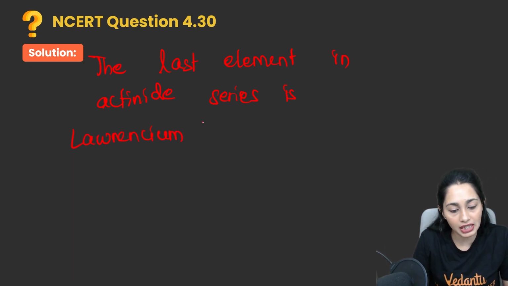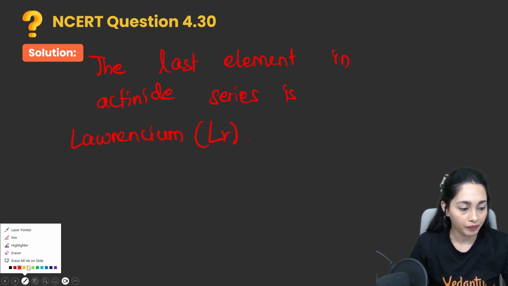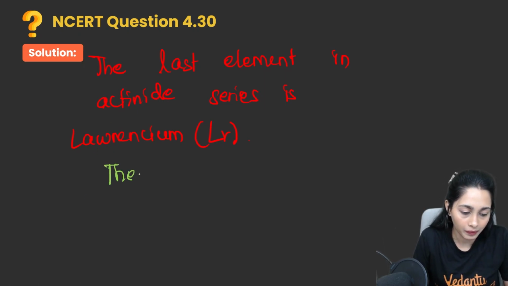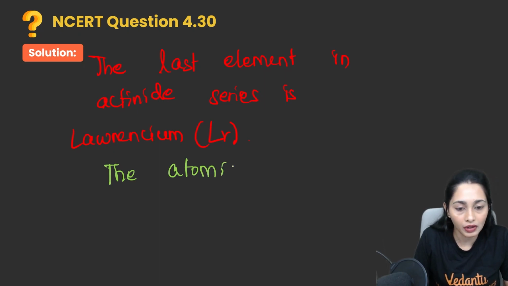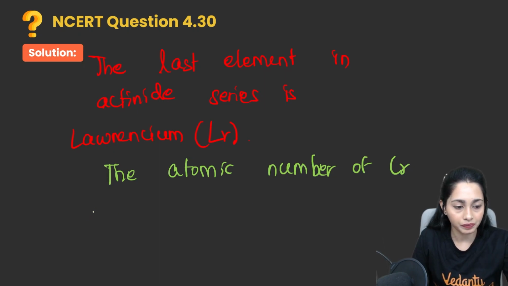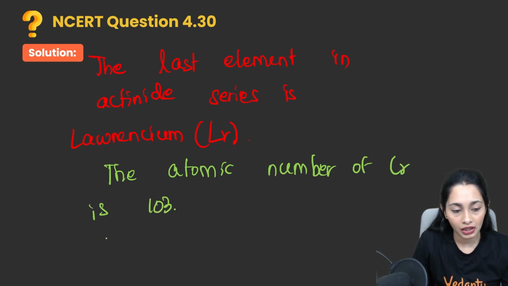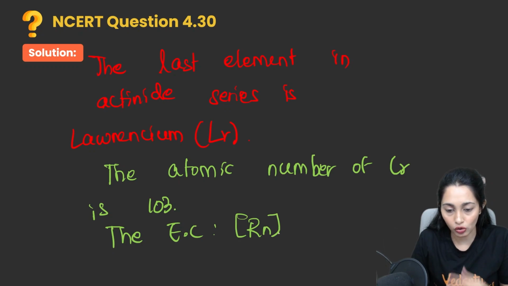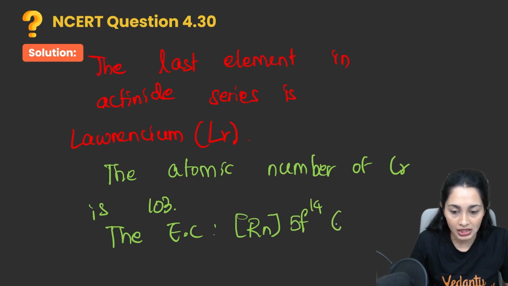The symbol is Lr. The atomic number of lawrencium is 103. So the electronic configuration, I'll write EC.